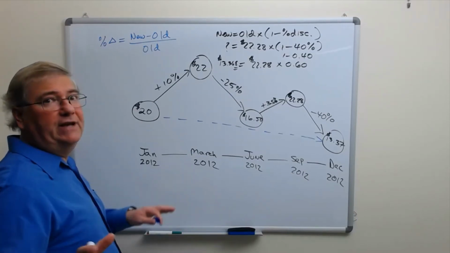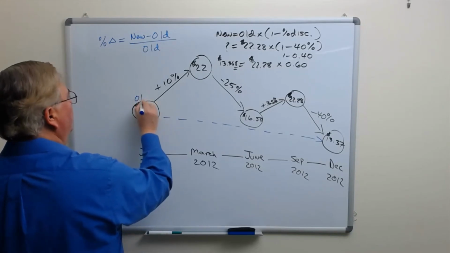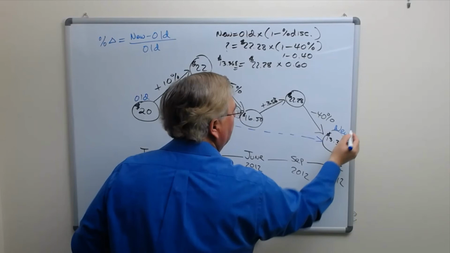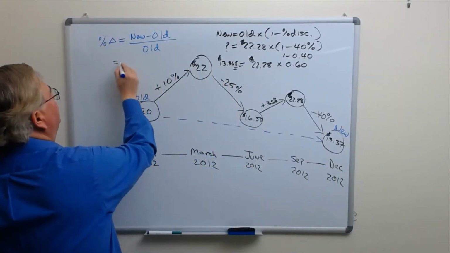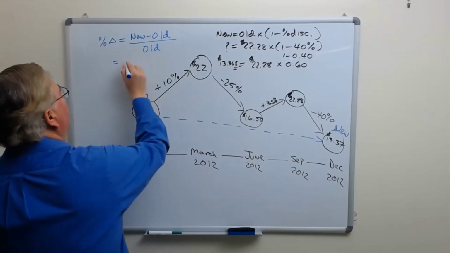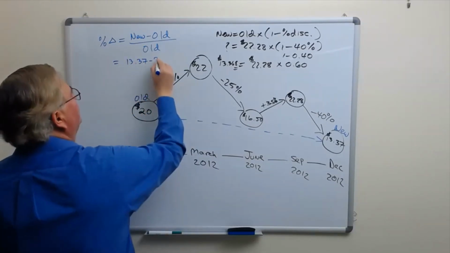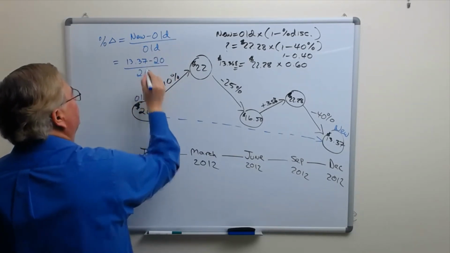Okay, so all we have to do next is to plug in the numbers. This is our old number, and this is our new number. So percentage change is equal to new, 13.37, minus old, minus 20, divided by 20.